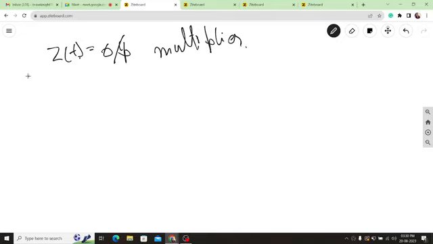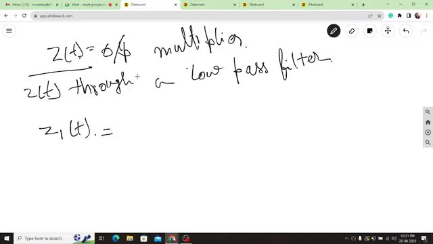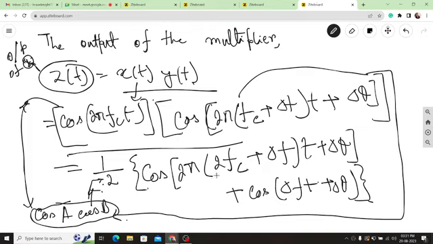If we pass this particular z(t) through a low pass filter, we will obtain another signal, that is z1(t). So let's see what the signal is. There is a component 2fc here.